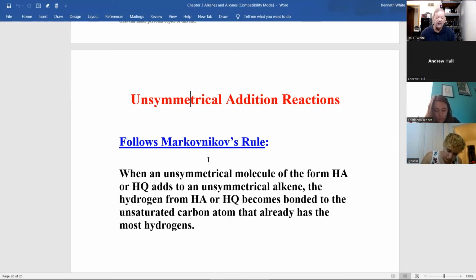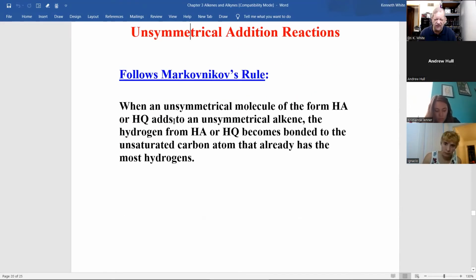Well, it turns out that was a very challenging problem, how to predict what the molecule you actually get. And it's important. And one of the most famous organic chemists is the Russian organic chemist Markovnikov, and he figured it out. And he came up with a rule.